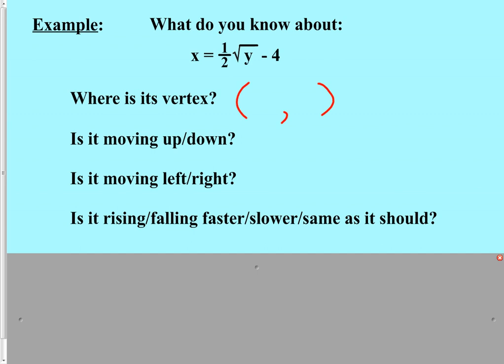Where is its vertex? In this case, remember that it would be the k information that is attached to y, and the other constant would be h. So in this case, it is the -4 that's sitting out there that is our h value. The question is, should that constant be positive or negative?